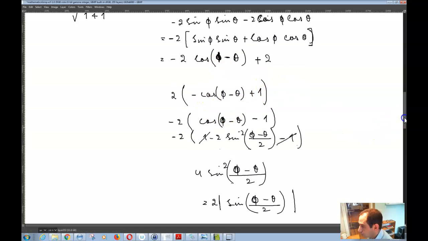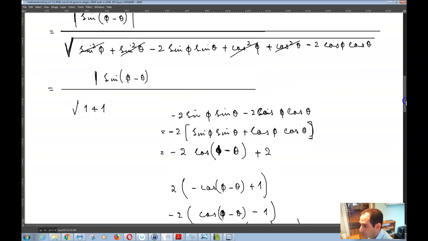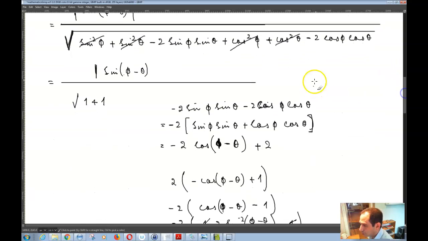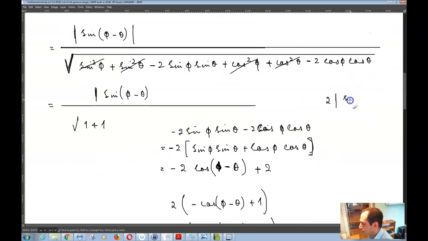So over here, I want to express this part as 2 times the absolute value of sine of phi minus theta divided by 2. I don't care about the numerator right now.